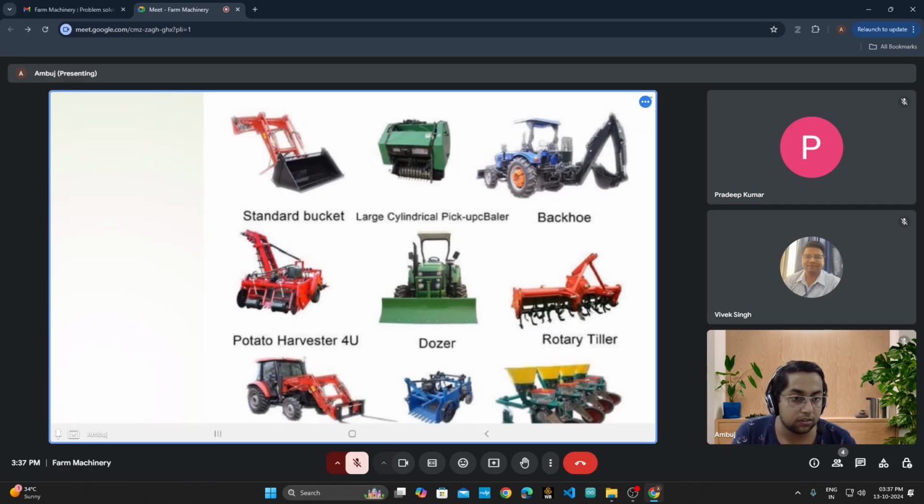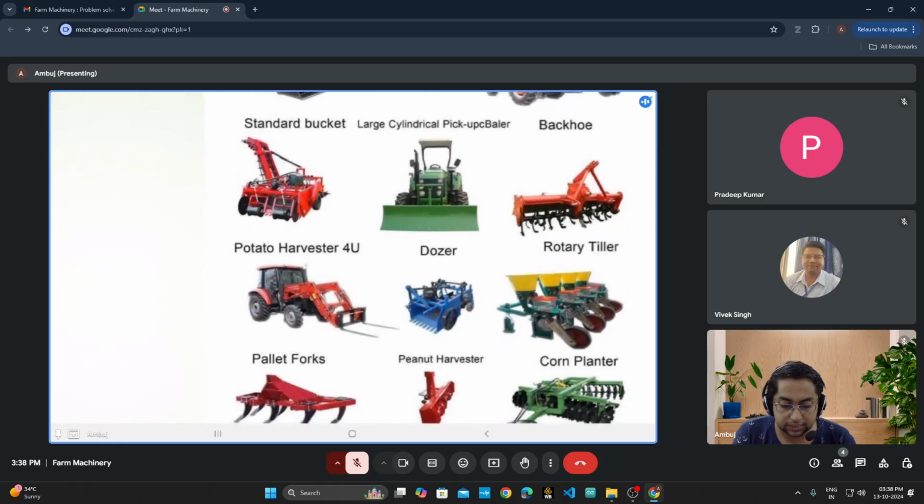This is the functionality of your baler. A baler is equipment used to convert straw into bales. Bales are nothing but heaps of straw which are tied also.